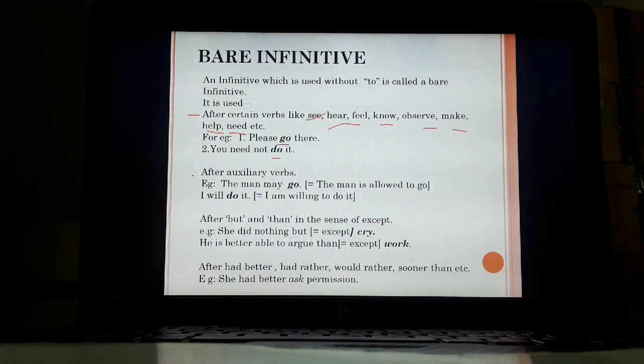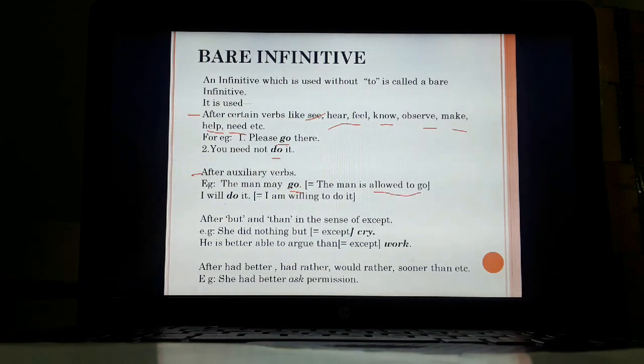Now let's see the second one: after auxiliary verbs. Bare infinitives are used after auxiliary verbs. For example, the man may go. Here, go is a bare infinitive. Why? You can see how, the other way around, we could have used the sentence: the man is allowed to go. So we can say the sentence in this way, but in order to show you a bare infinitive, here I have used a different sentence: the man may go.